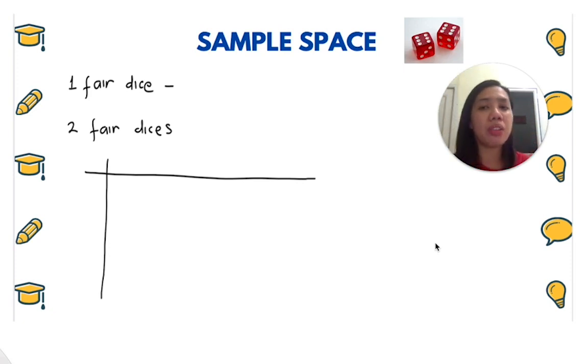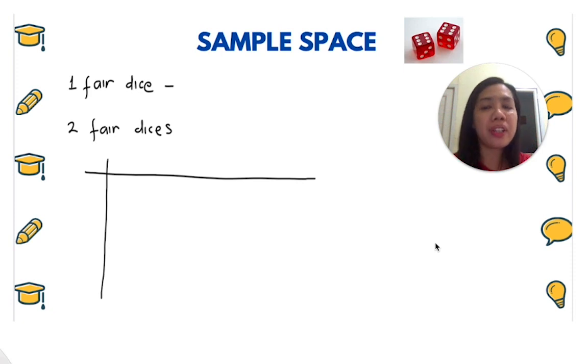Whenever we are talking about one fair dice, it means that all the sides of the dice have the same chance of occurring. As we have known, commonly a dice has 6 sides.